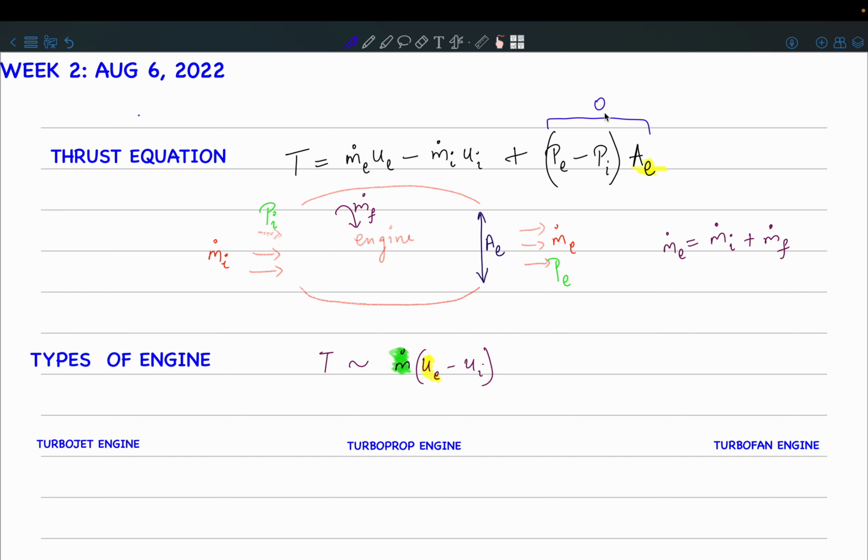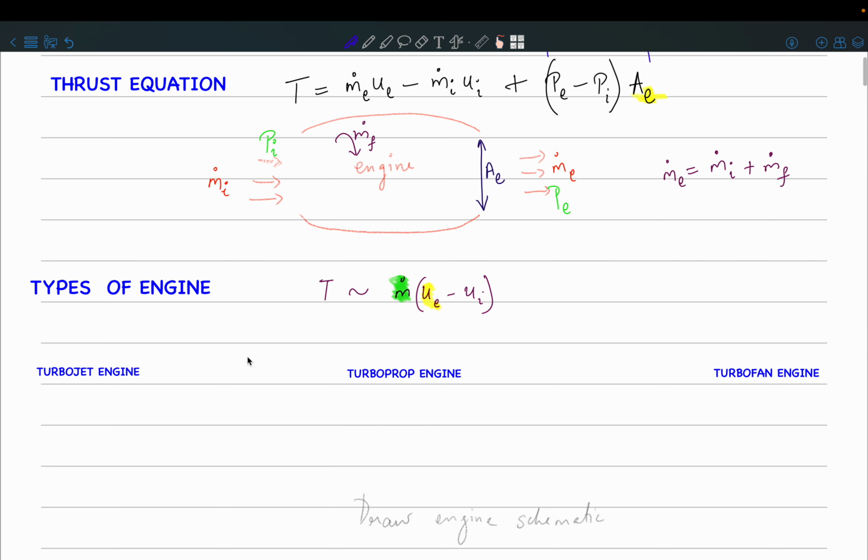So when people design an aircraft, they design it for a particular altitude, and they will design such that the exit pressure is equal to the atmospheric pressure at that particular altitude. So then PE minus PI would be equal to 0 and the thrust would be optimized.